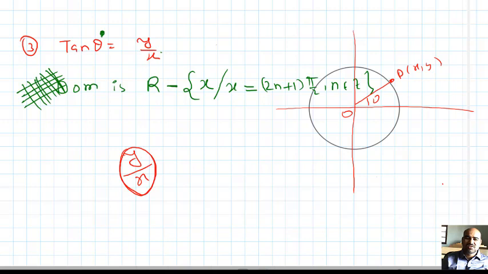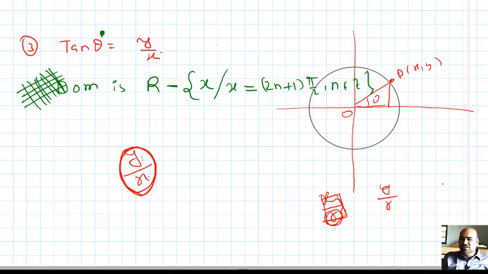This is called the range. In the previous problem, x by r, y by r, your denominator is equal to or greater than the numerator. That is why this value lies between -1 and 1. But here such a situation won't arise. x may be greater than y or x may be less than y. That is not a big problem. I will show you here.